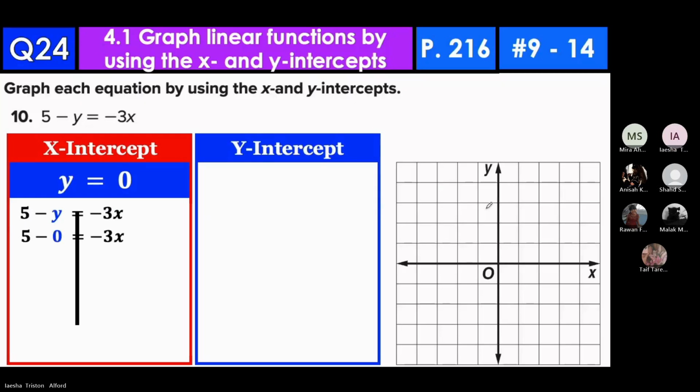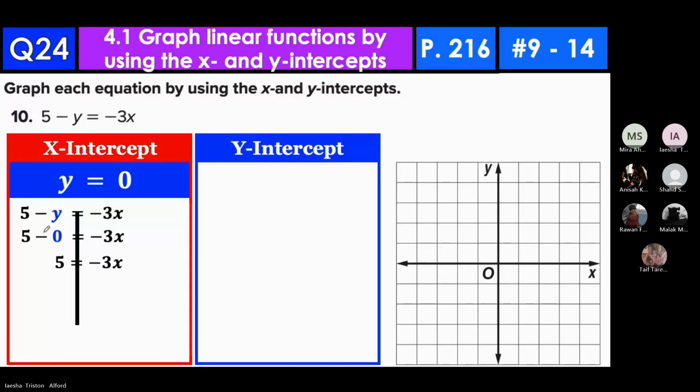Then solve. So this one, 5 subtract 0. What is 5 subtract 0? Five. Positive 5.